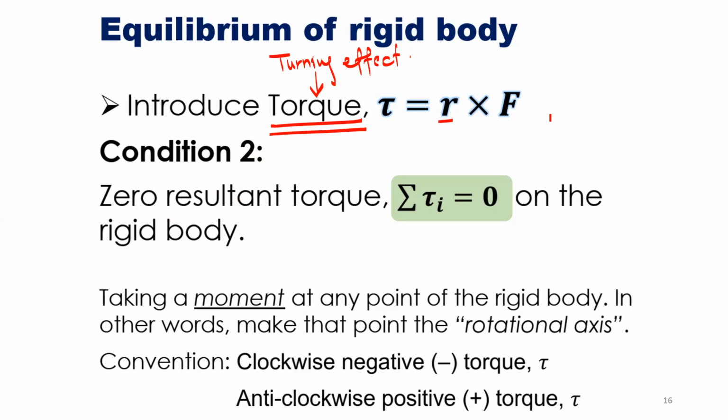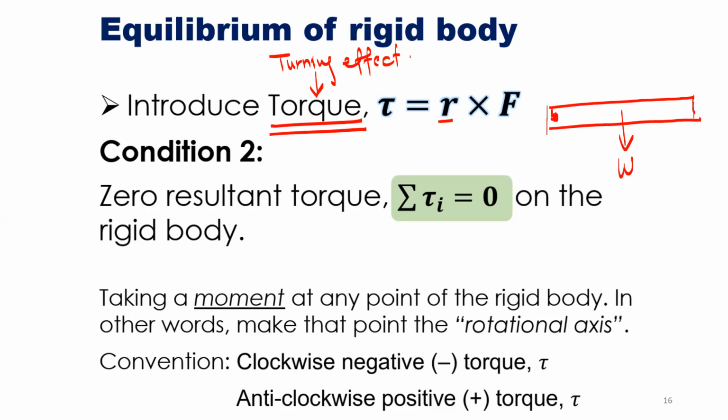For example, say I have a door, a trap door, as they call it. This is the pivot point. Say the trap door is uniform, meaning at the center of the trap door there will be the weight of the trap door acting.